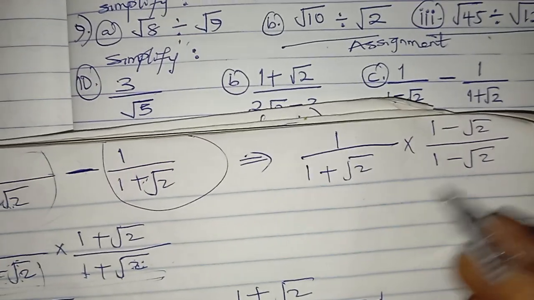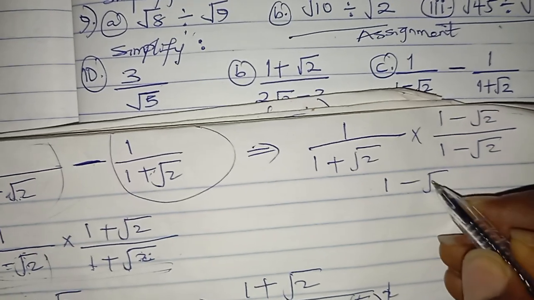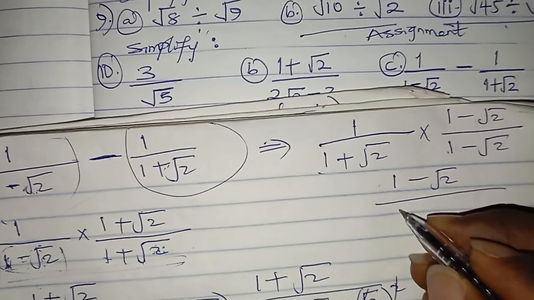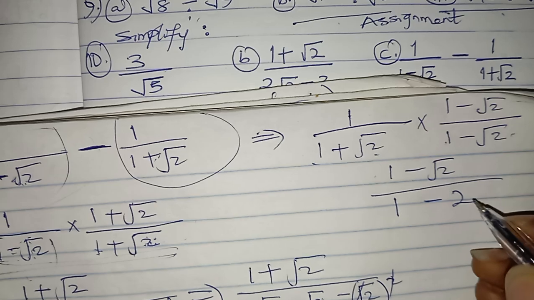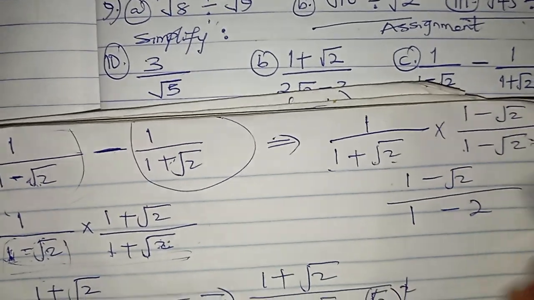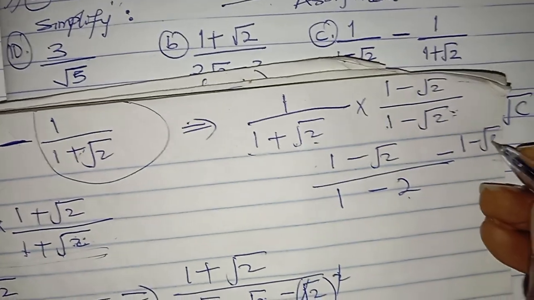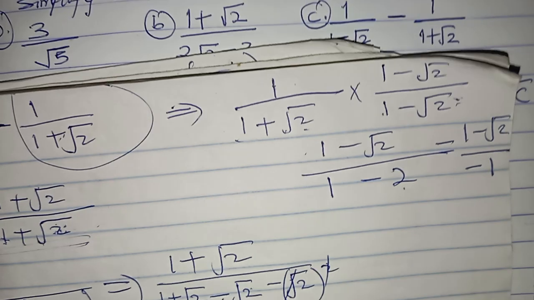That is this times this, all over, carry the first term 1, carry the second term minus root 2 squared, which will give me 2. So this is the same as saying 1 minus root 2 all over minus 1.